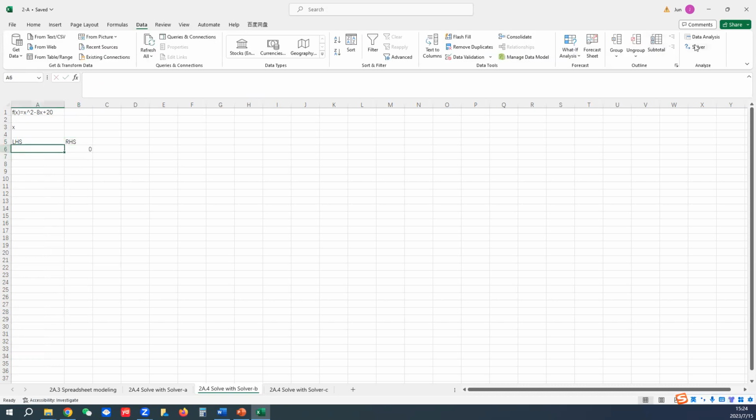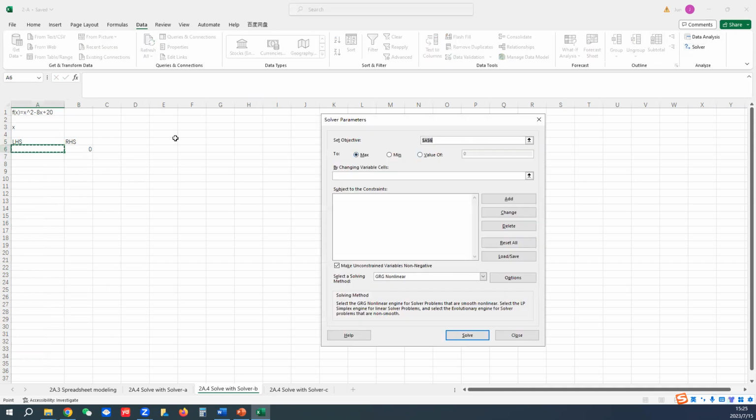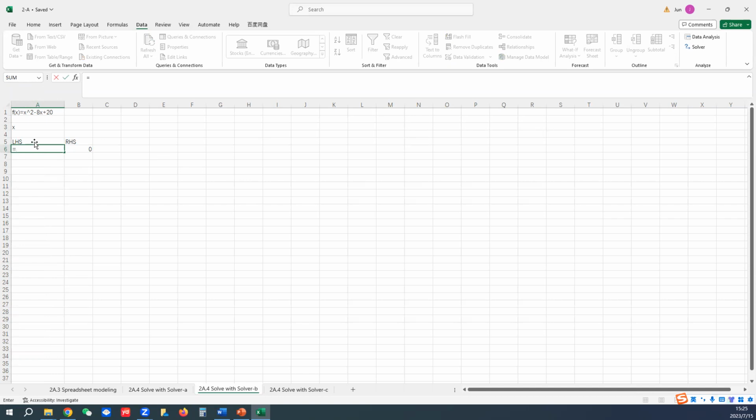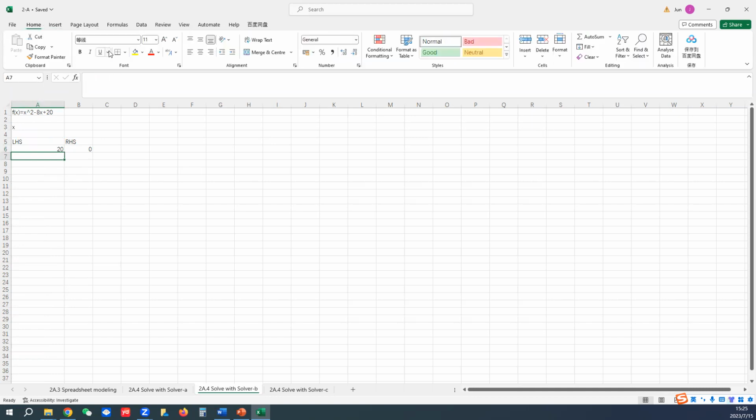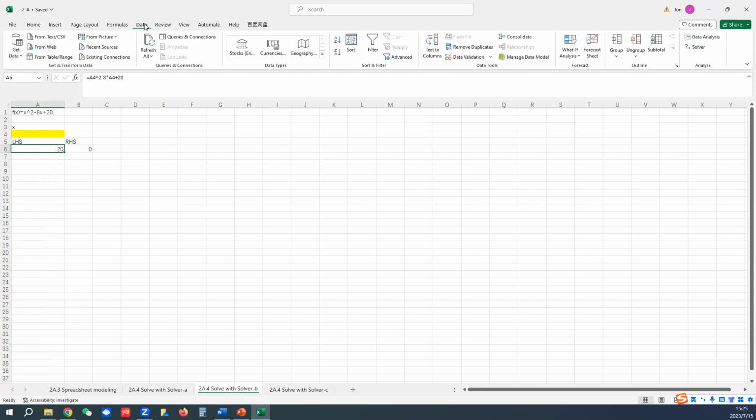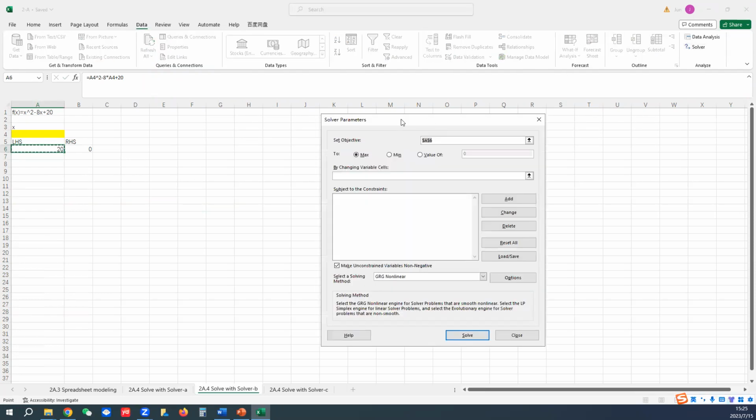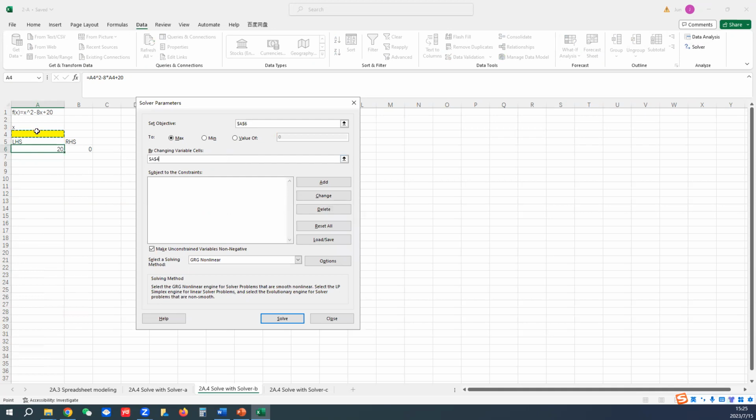We let left-hand side be x squared minus 8 times x plus 20. We're trying to change x so that left-hand side equals right-hand side, which is 0.